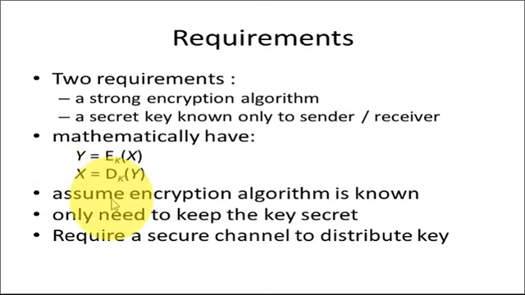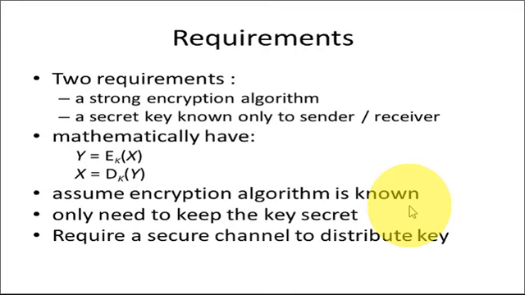Here we have to assume the encryption algorithm is known by all. During transmission, the encryption algorithm used for encrypting the message is known by all, but the key should be known only by the sender and receiver.